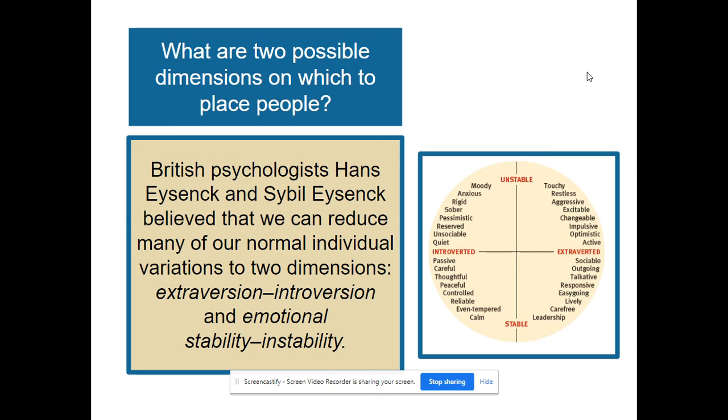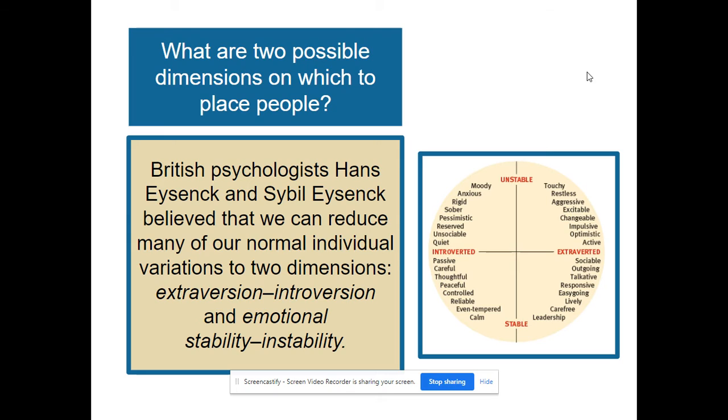Hans Eysenck developed what is called the axis of personality, genetically influenced. And this is what it looks like. And so what you see here is groupings of traits into the introvert, extrovert, stable, and unstable.